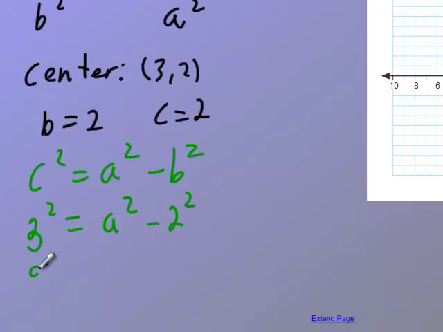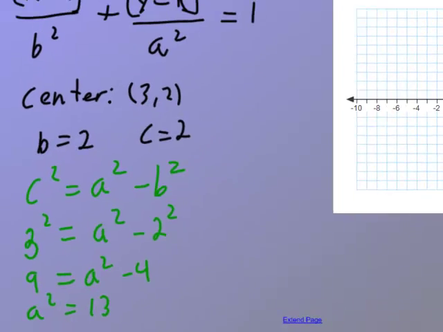Or in other words, 9 equals a squared minus 4, and a squared is going to equal 13. Okay, so I know what my b and a are, and I know where my center is located. That's going to be my h and k.